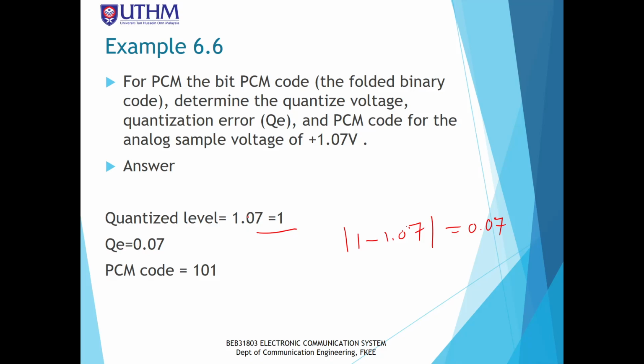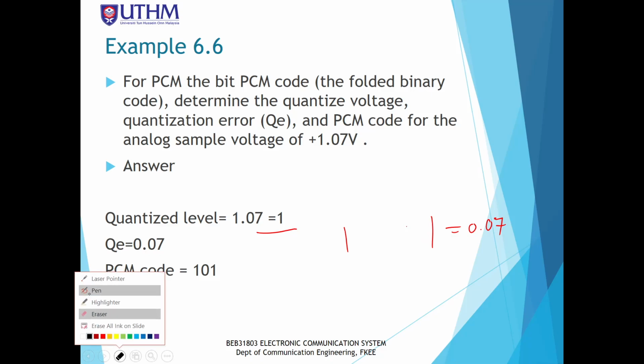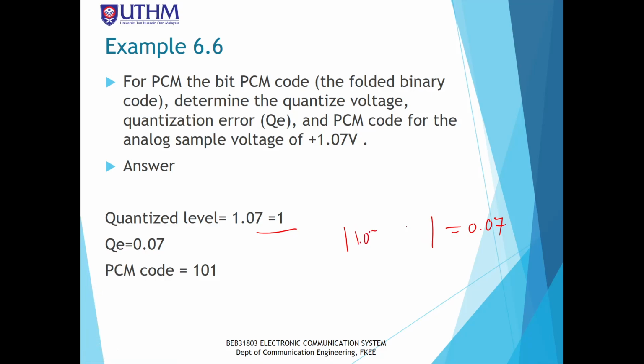Previously in your notes it is the sample value minus the quantized level, so 1.07 minus 1, and we get 0.07.